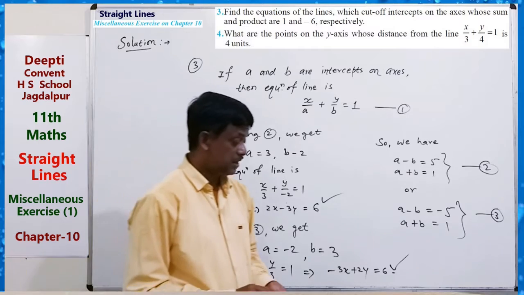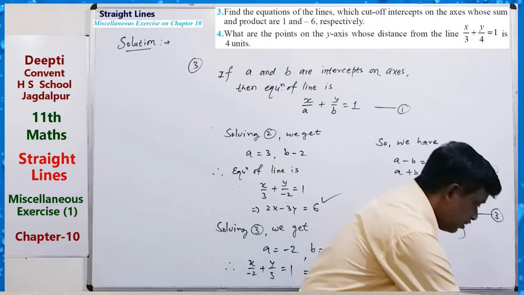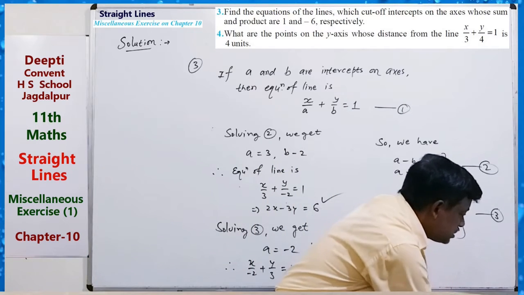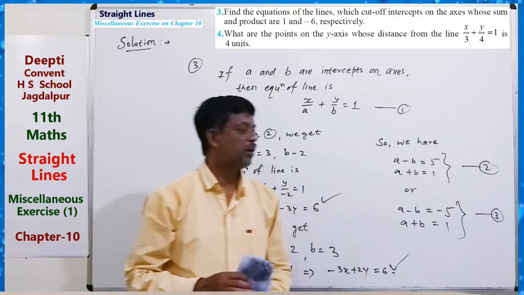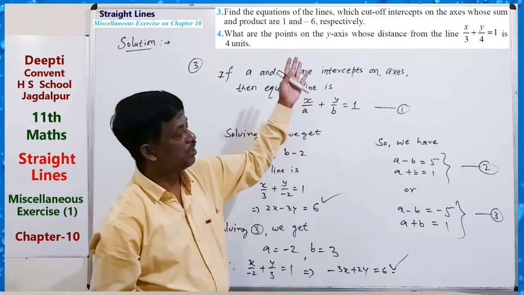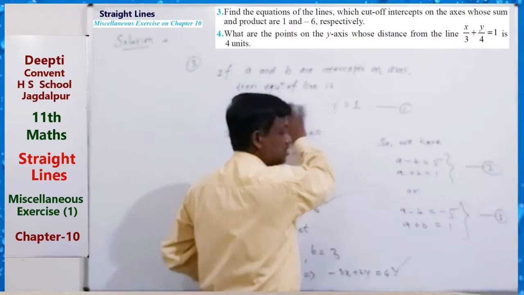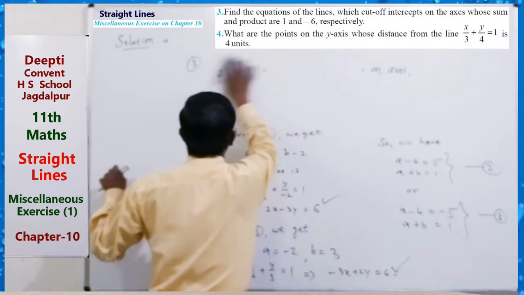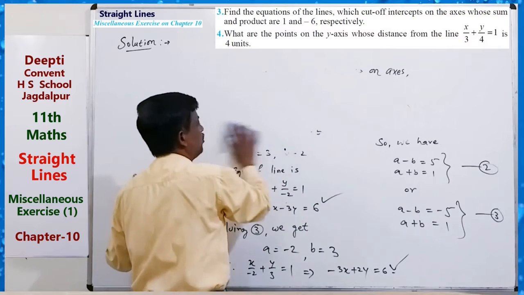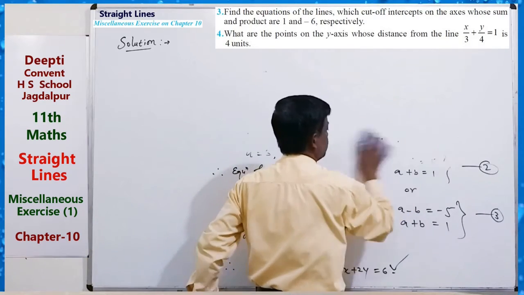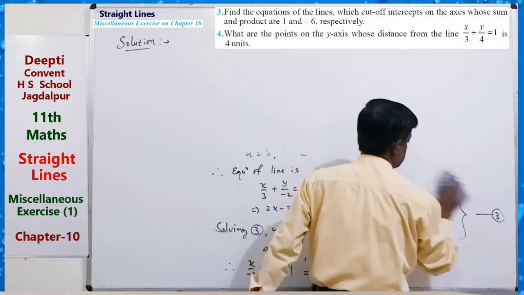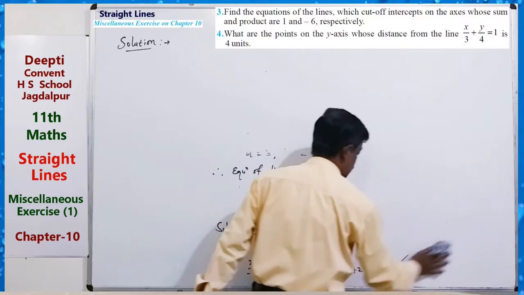Similarly, we can solve the given question: find the points on the y-axis whose distance from the line is given. A point on the y-axis means if we take a point on the y-axis, then its x coordinate will be 0.